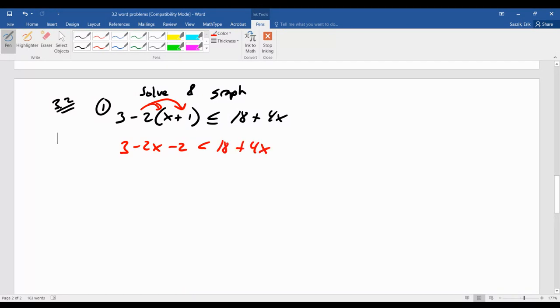And, here we're going to combine like terms. 3 minus 2 is just going to be 1. Okay? And then we want to move the x's preferably to the side where they're positive.